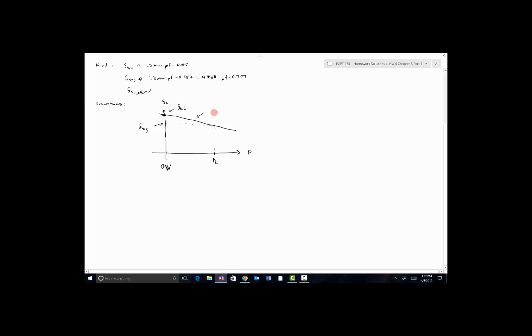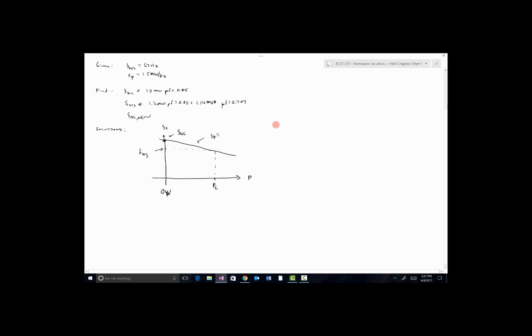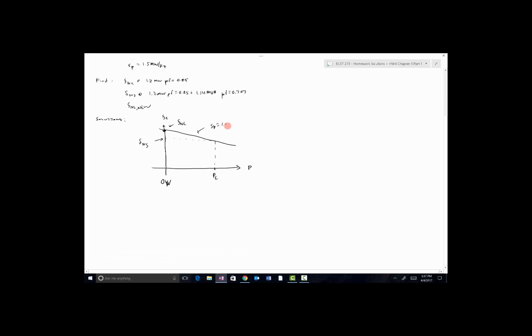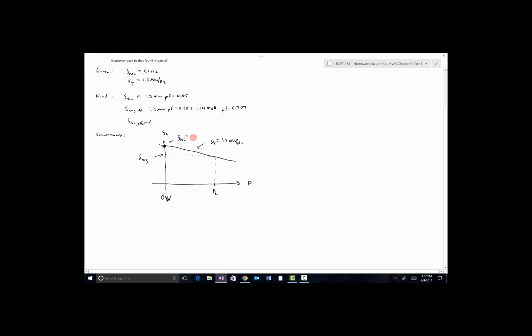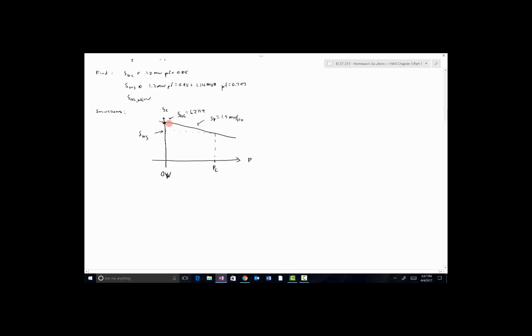The slope of this line is that SP, which is 1.5 megawatts per hertz. And F no load here was 62 hertz. So a lot of times I say that the slope of this line is 1.5 megawatts per hertz. Clearly the slope of this line would need to be in hertz per megawatt, but that's just for mathematical reasons, it's given as an inverse slope.